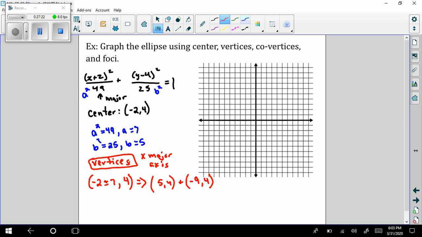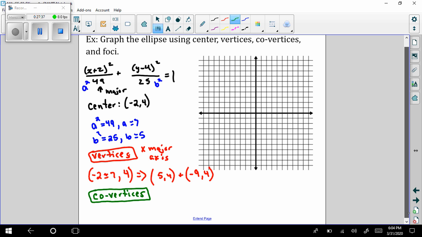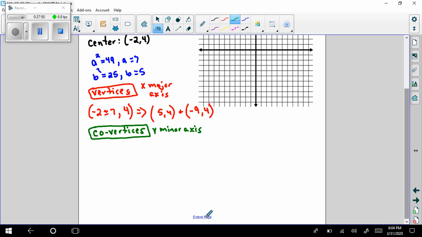Okay, so co-vertices. When you're doing these, you have to have the same thought process as you go through it. This one is my minor axis. So this is going to be affecting my k value of my center.